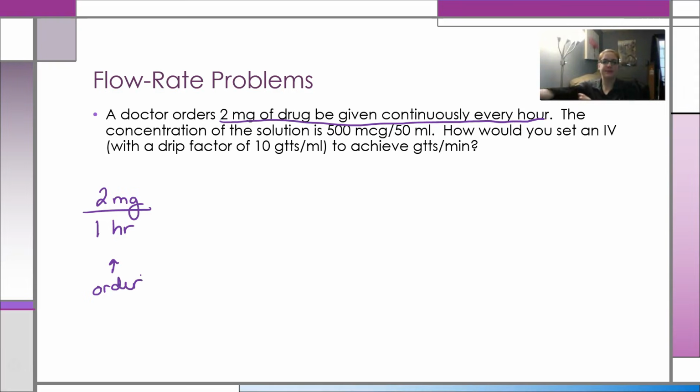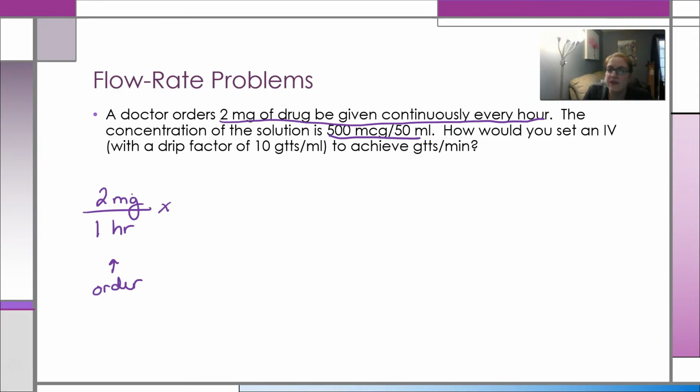Now, our second thing is our supply. So our supply or concentration is 500 micrograms per 50 milliliters. Now that is our supply. How are we going to write it? Where are the units going to go?